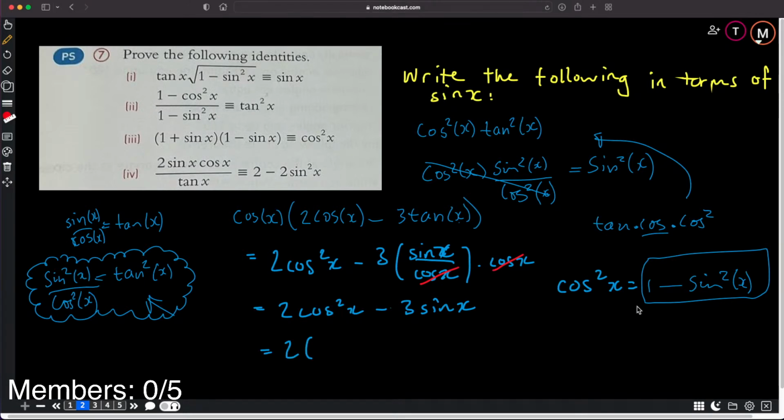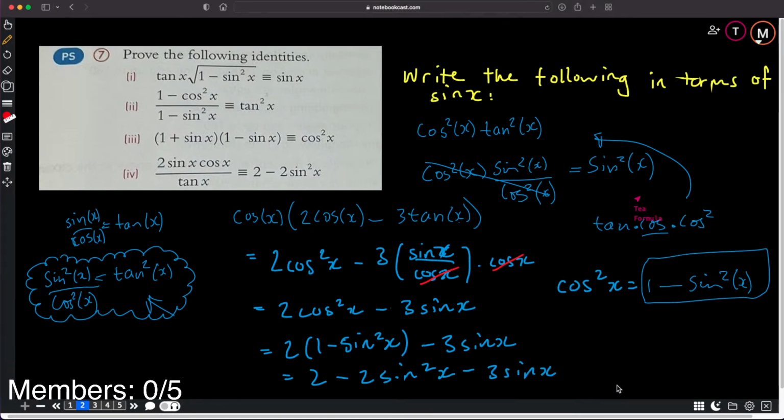So this comes from our Pythagorean identity that we talked about earlier. And you could expand those brackets out as well if you like. No idea if it's necessary. I guess you could even write it in terms of a quadratic.